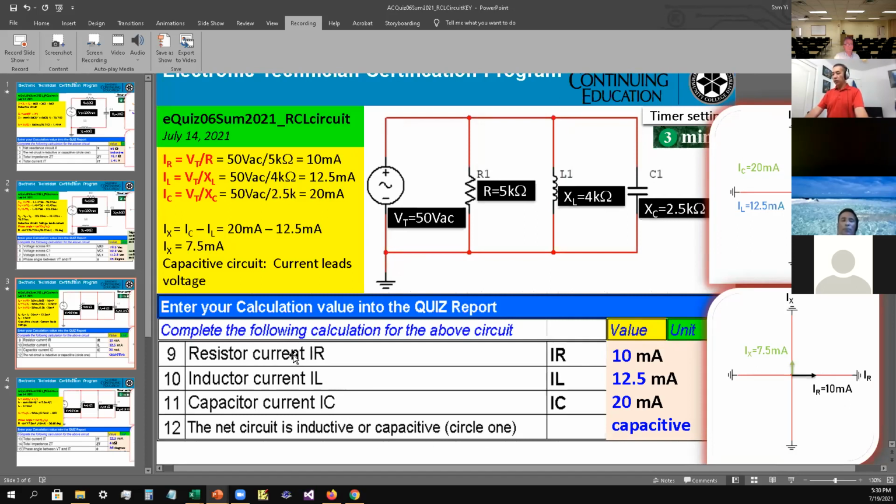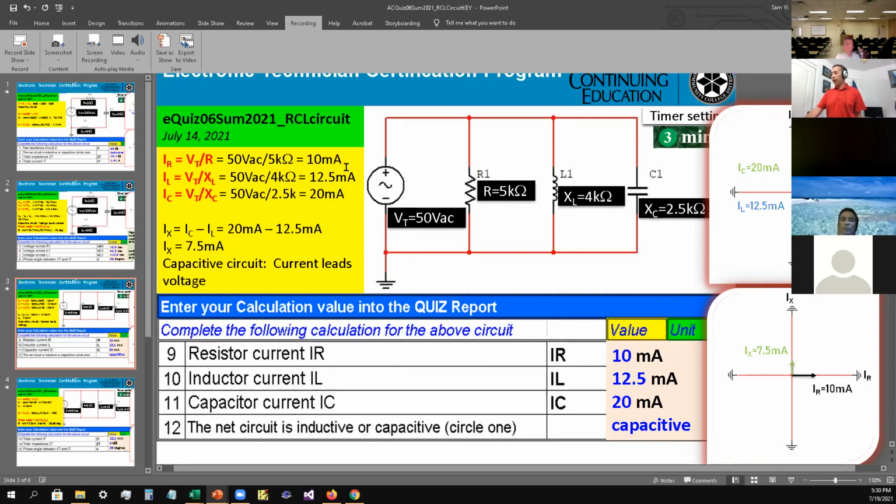For question number 9, they want the current through the resistor, IR. So IR equals VT divided by R. We know VT is 50 VAC and R is 5K, so we get 10 milliamps.